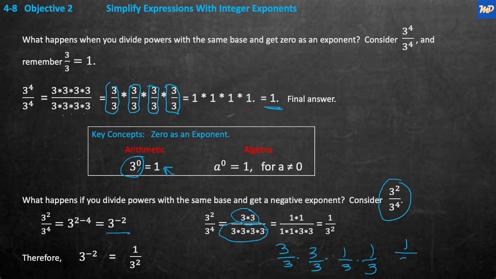1 over 3 squared. So what did that just tell us? What did we learn from that then? A negative exponent, right here, drives the base to the denominator. If it's in the numerator like it is here, it drives it to the denominator. So it's 1 over 3 squared, but we lose the negative sign, so now it's positive.